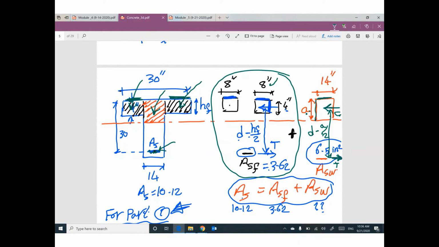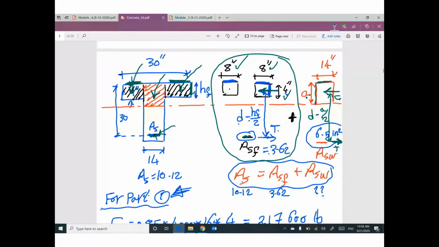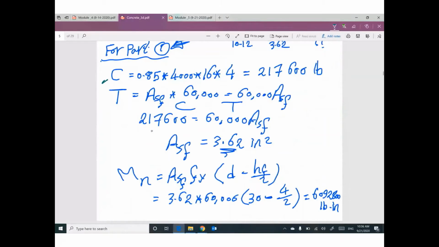The thickness of this part is given, which is the slab thickness. So I can figure out the capital C in concrete. This part of area steel, I can figure out the capital T as a function of area steel flange. If you equate capital C with capital T, I can figure out this part of area steel.